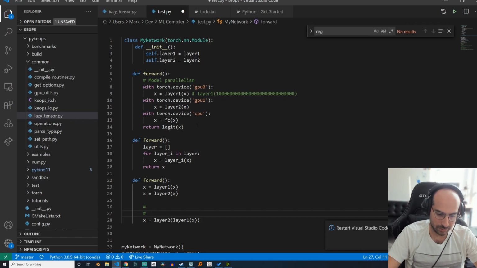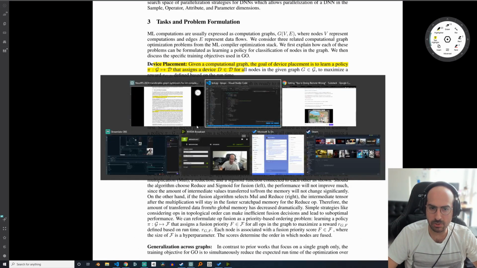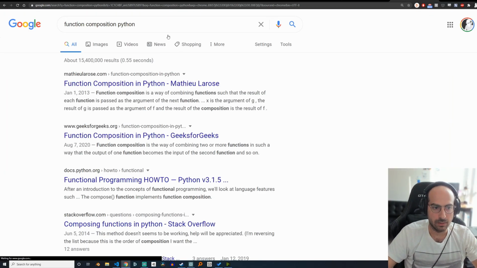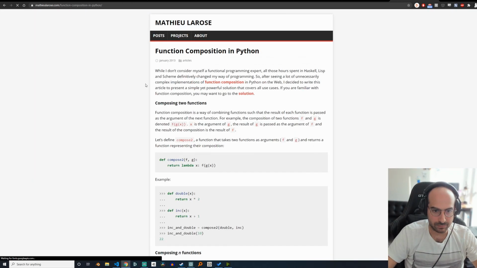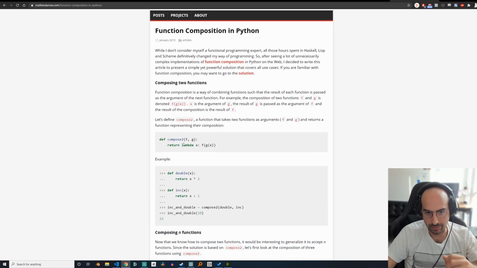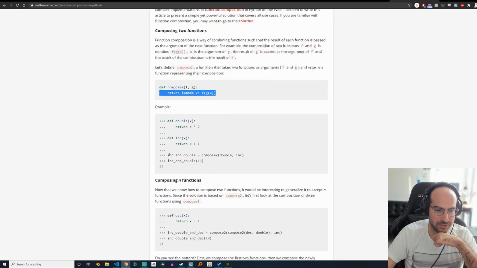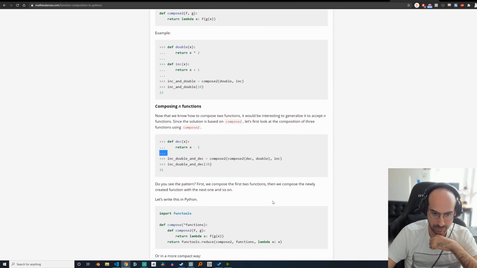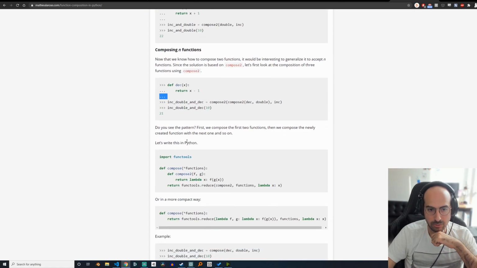You're saying layer equals layer 2 of layer 1. I wonder, does this just work with Python? I forget the function composition in Python. Actually, maybe, yeah, you can do it with lambda functions. This is what I mean here. That's why I was wondering if it just works out of the box. But this certainly works like this. Let's say here, they're saying you have this function called double, and then you say compose, and you give it the actual output you need. FuncTools has something like this.